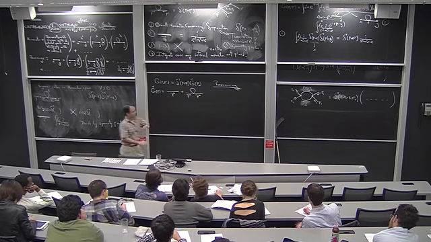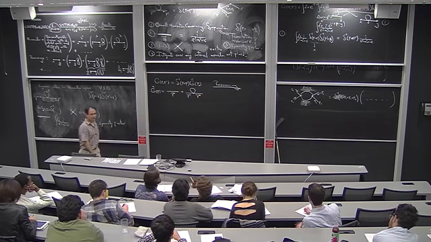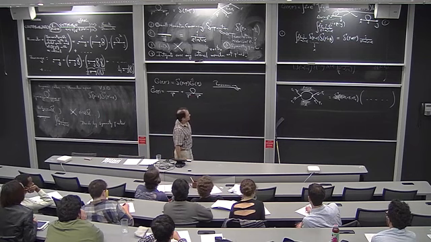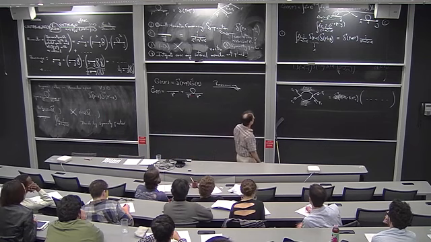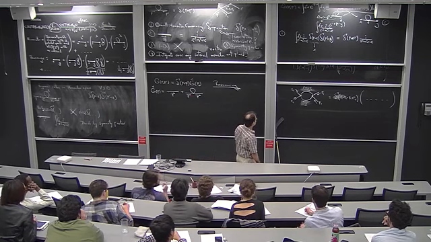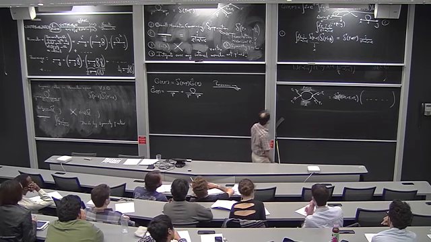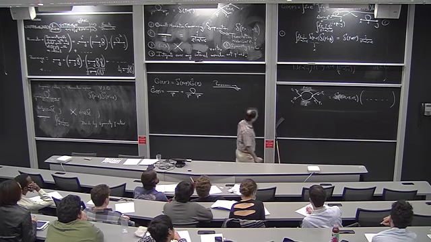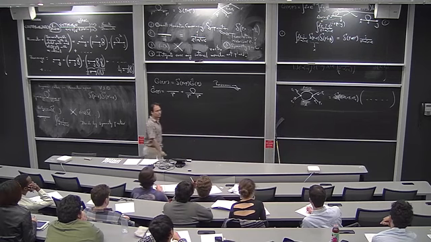Now, the symmetry factor is the same as the symmetry factor we had before. You calculate it in exactly the same way. So that's half, right? In this case, you can swap these two guys. Yes. I think it's probably half.